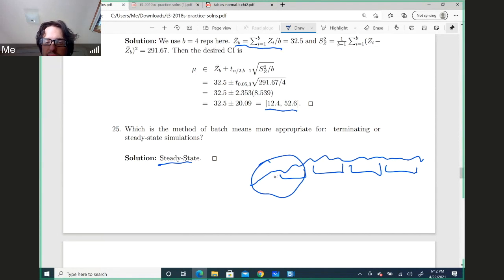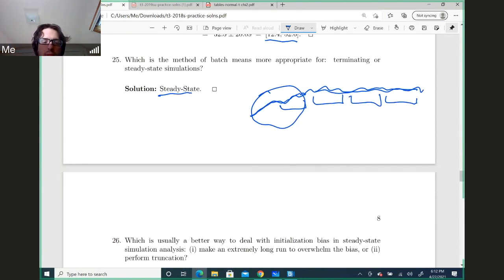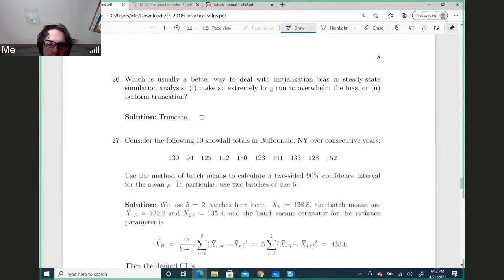Whereas with steady state simulations, you can skip this initial period and get to the part where it is sort of steady state and then use that for your batch means. 26, which is usually a better way to deal with initialization bias in steady state simulation analysis? 1, make an extremely long run to overwhelm the bias, or 2, perform truncation. And yeah, truncation is definitely better.